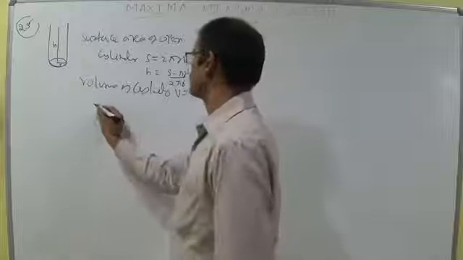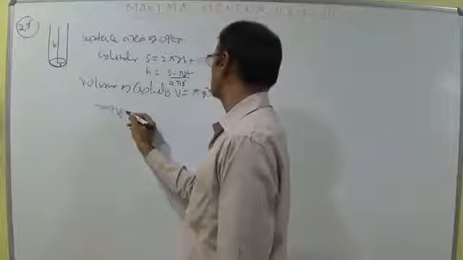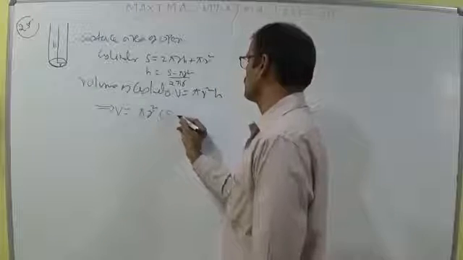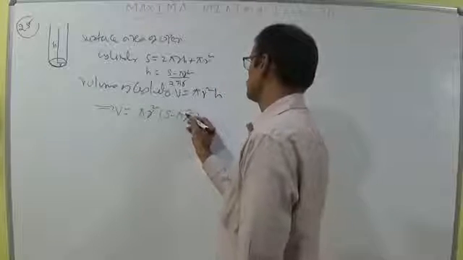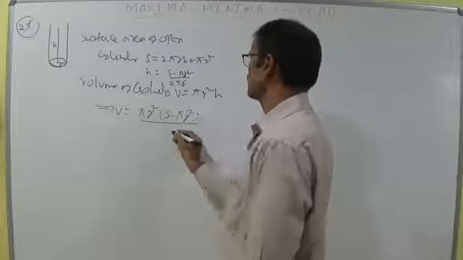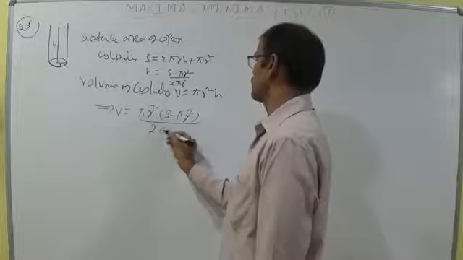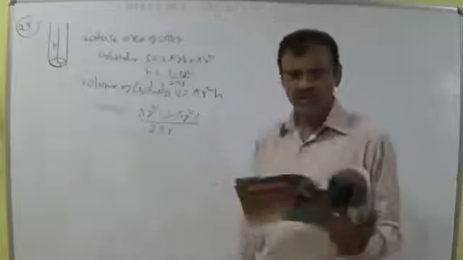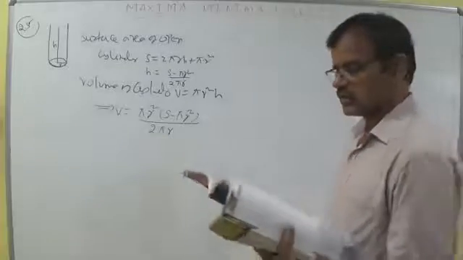So V is equal to pi r square into S minus pi r square by 2 pi r.